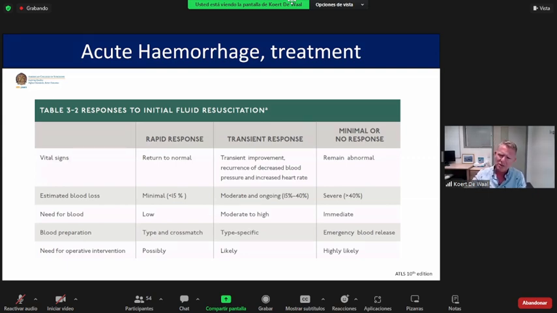If there is a transient response, quick improvement and a decrease thereafter, most likely you would need some blood. However, if you have minimal or no response, as was the case here, and the estimated blood loss is high, you need immediate blood, so emergency blood release. And of course, for the surgeons, there's the need for operative intervention, which is not very common in the newborn situation.